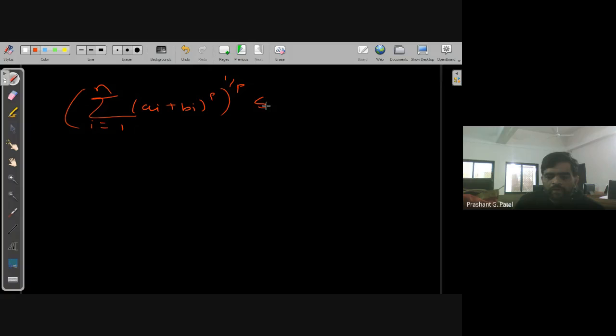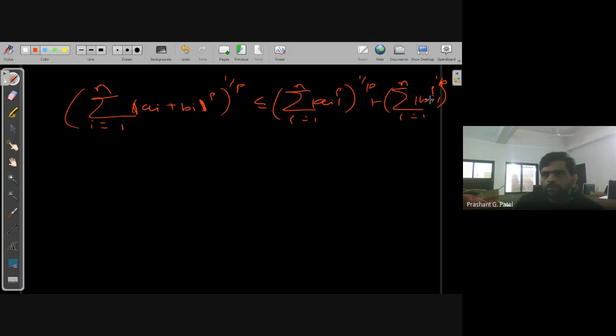is less than or equal to summation i running from 1 to n, ai power p, whole raised to 1 upon p, plus summation i running from 1 to n, bi power p, whole raised to 1 upon p. Here the terms are in modulus, and p will be greater than or equal to 1.